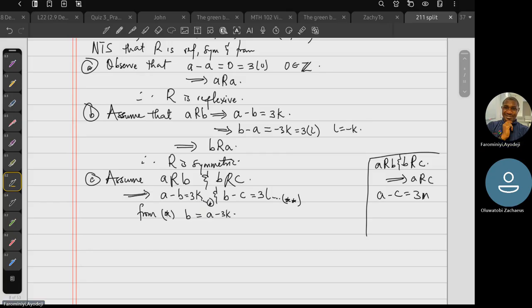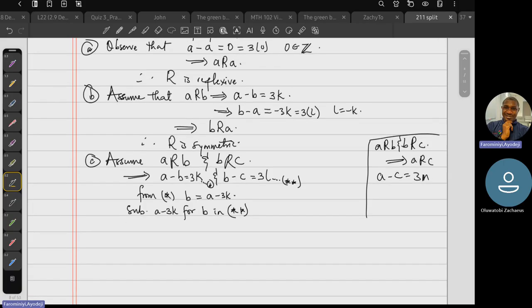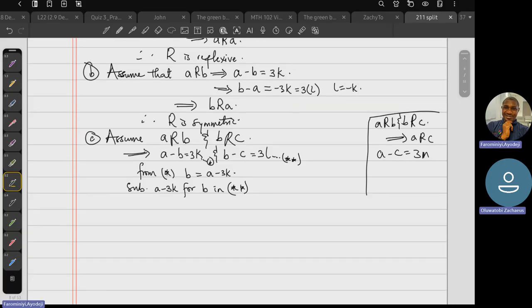So substitute A minus 3k into the second equation. We get A minus 3k minus C equals 3L.